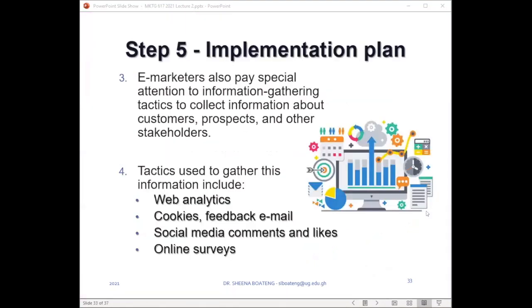And finally, as part of our implementation plan, in addition to our tactics, we need to ensure that we beef up our information collection and gathering tactics. Now, there's an element of the 5Ds that helps us to achieve this, which is the digital data aspect. That helps us to use all the various internet tools that we talked about, including cookies, emails, web analytics, online surveys, as well as social media listening, by monitoring comments, likes, shares, and conversations that are taking place on your social media platforms.